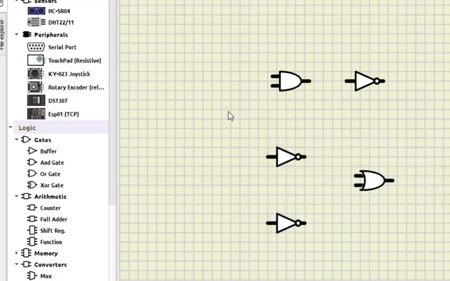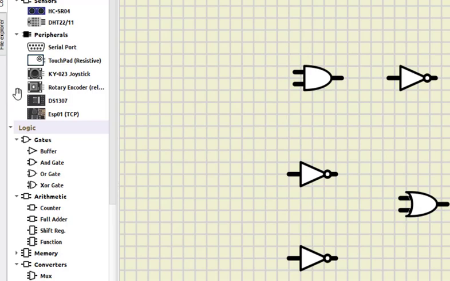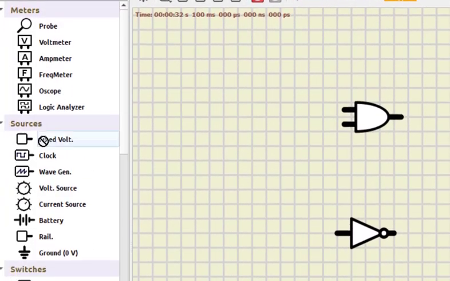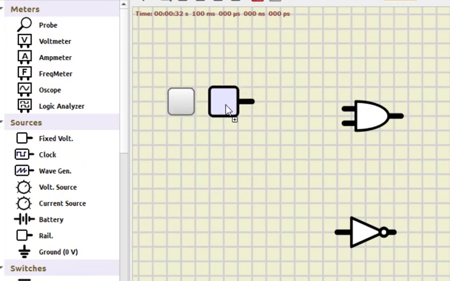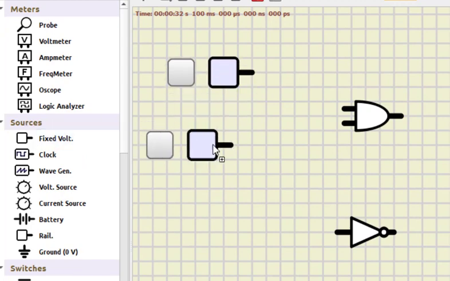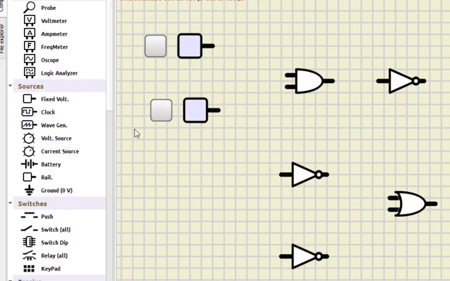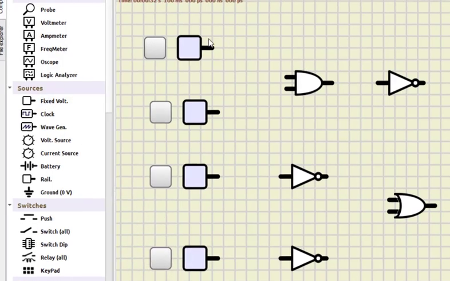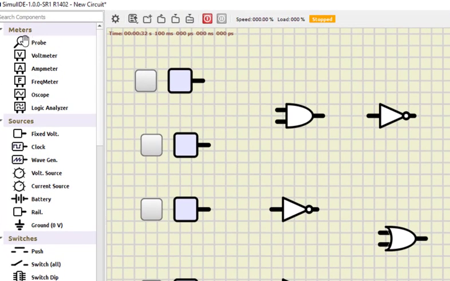Now we need to give the inputs to these gates. So I'll come here and take a fixed voltage source, one more fixed voltage source, and one more, and one more fixed voltage source. We connect the inputs, and for output we need a probe.